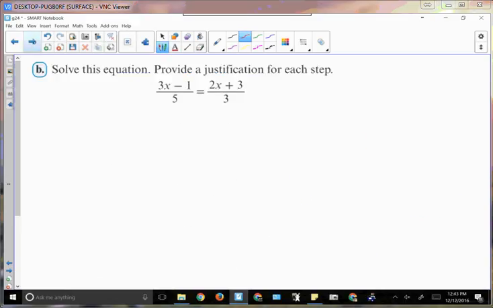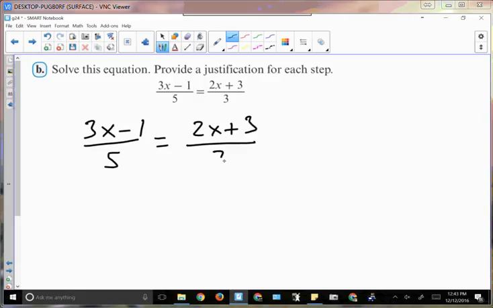Let's try this. If I got (3x minus 1) over 5 is equal to (2x plus 3) over 3. So, for those of you not paying attention, what do I got to do? I suppose what I could do is multiply everything through by 15, right?